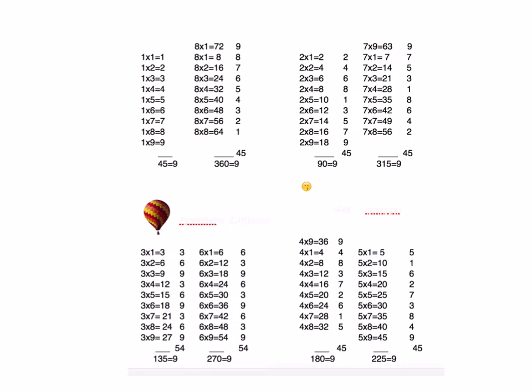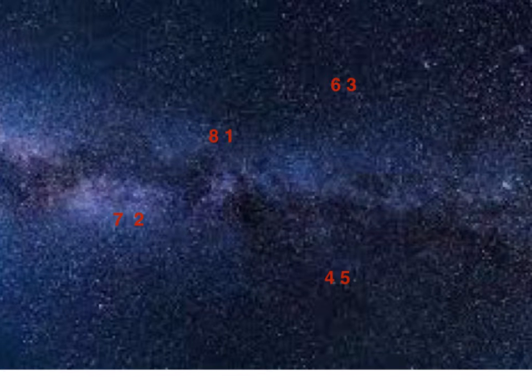4, 5, 8, 1, 3, 6, 7, 2, 2, 7, 6, 3, 1, 8, 5, 4, and the 9s. Our magic key in this system seems to be 8, 1, 7, 2, 6, 3, 4, 5.